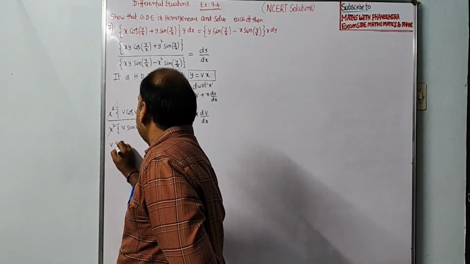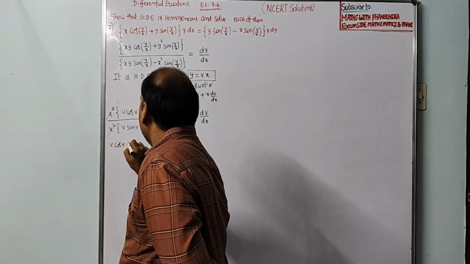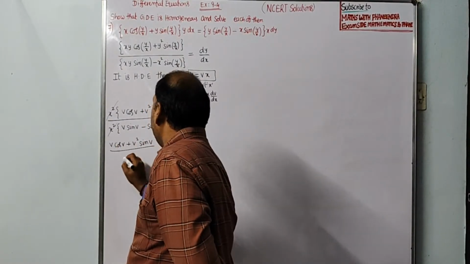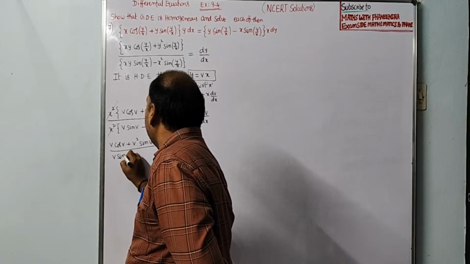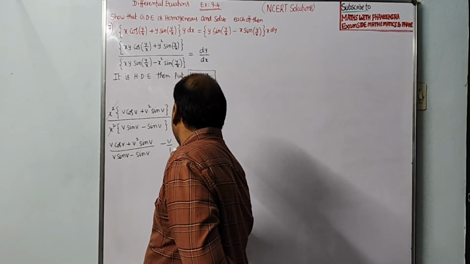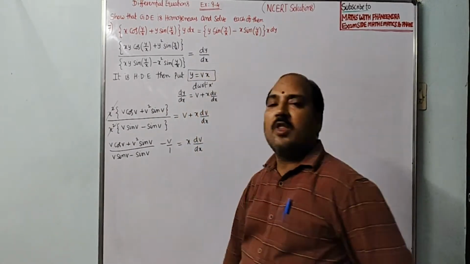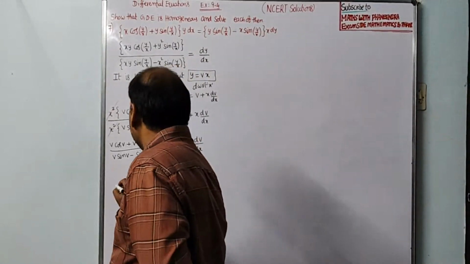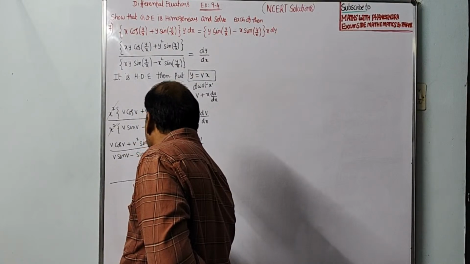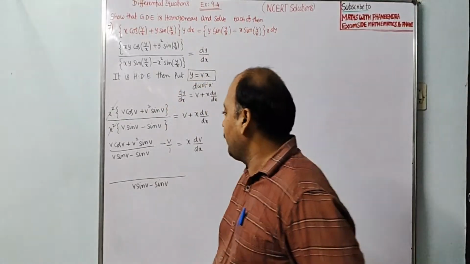So v cos v plus v square sin v divided by v sin v minus cos v, minus v by 1, equal to x into dv by dx. Next, take LCM. So here LCM is v sin v minus cos v.